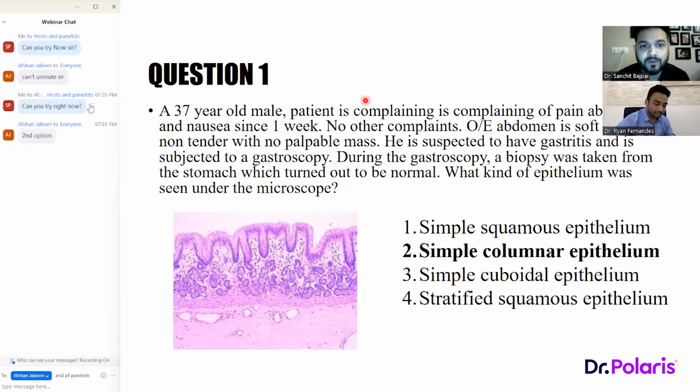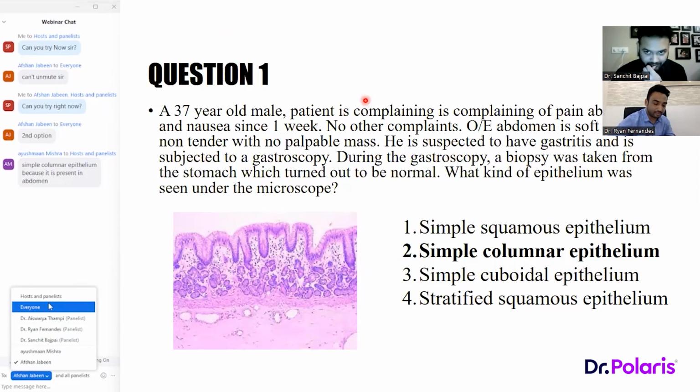Second option, okay, it is simple columnar epithelium because it is present in abdomen. Okay, can you just tell me which part of the abdomen I'm actually talking about? Where will you find this simple columnar epithelium in the abdomen?